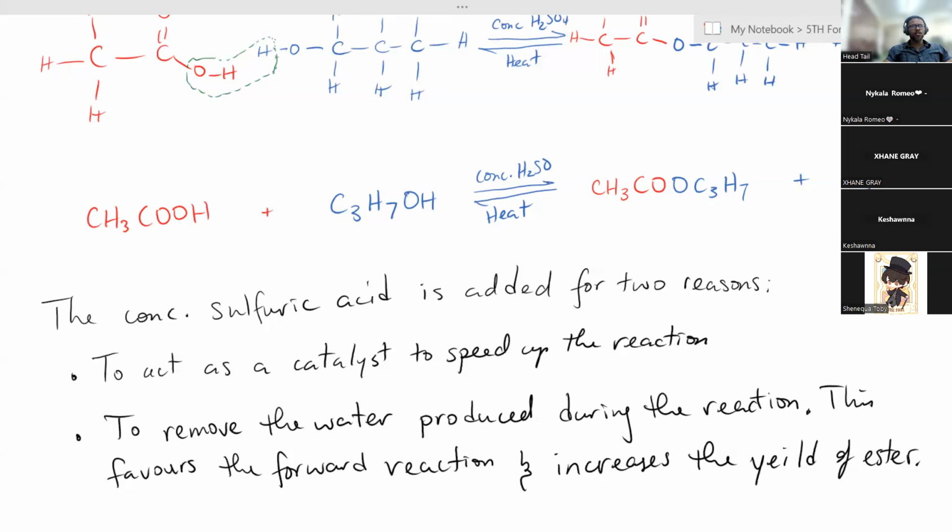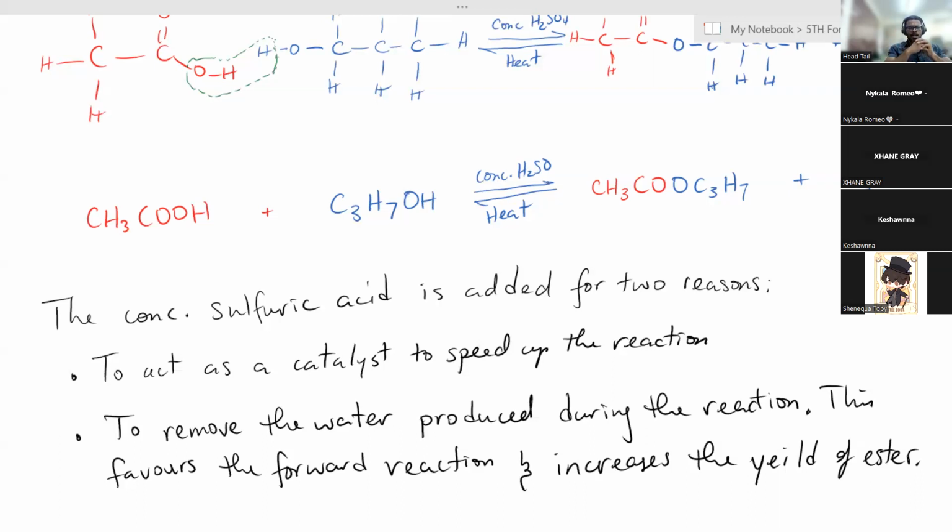When I was in college, we were challenged to make the banana smell. After we learned about esters, we were supposed to make the banana smell. From what you all know here, esters, which carry these nice smells, are made up of a carboxylic acid and an alcohol.